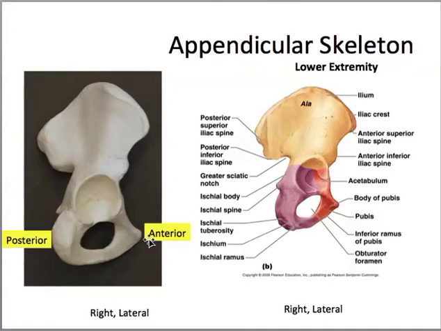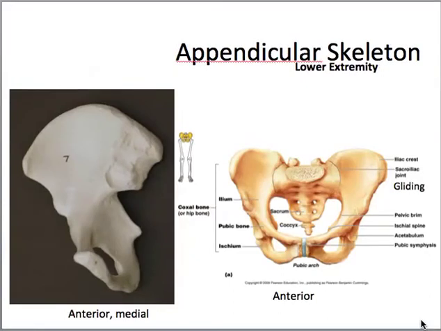So you'll want to know right from left with these bones, and you'll also want to be able to pick out these features. Okay, moving to the front of the pelvic girdle, we can see here a medial view. We were looking at a lateral view before. The way we can tell that we're looking at a medial view is that we can't see the acetabulum, where the proximal head of the femur articulates.